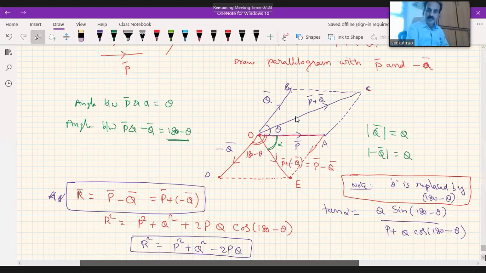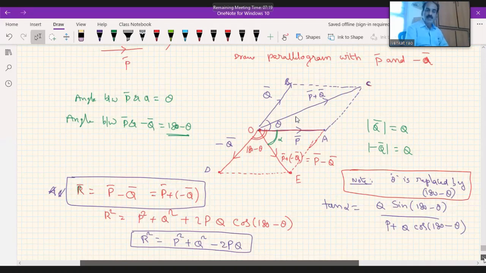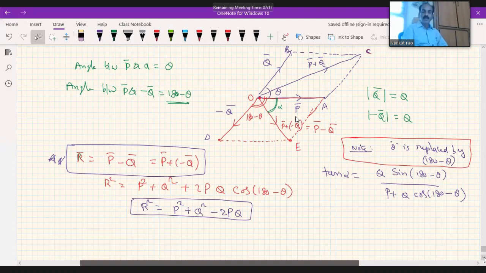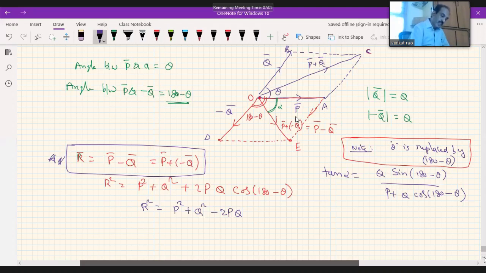Sir, is R square equals P square plus Q square minus 2PQ cos theta not coming, sir? Yeah, sorry. It was missing. Right, you are right. Two PQ cos theta, sorry.